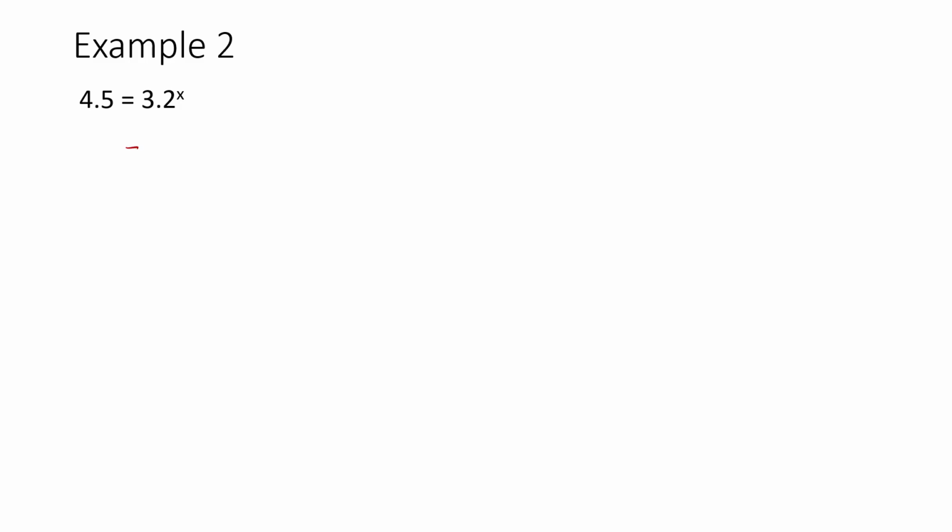So we're going to go straight to log base 3.2 of 3.2 to the x, because the log base 3.2 will undo the base of 3.2 and will leave me with the x. But as I mentioned on the previous slide, whatever you do to one side of the equation, you must do to the other.